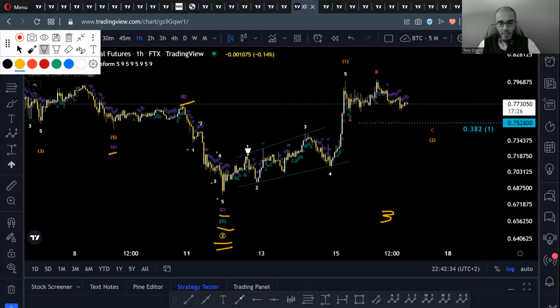So now that being said, once wave 2 finished, we got a leading diagonal 1, 2, 3, 4, 5, with wave 5 entering the price territory of wave 1. So that's only possible in a leading diagonal case. And in a leading diagonal case, you also have only 3 waves in it.